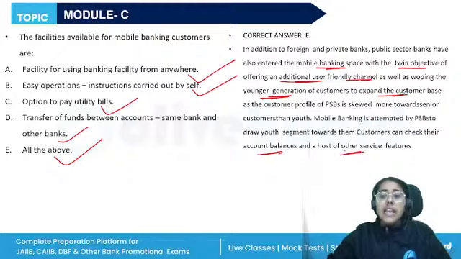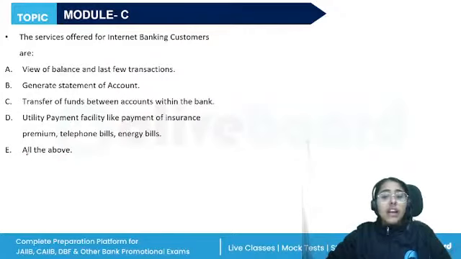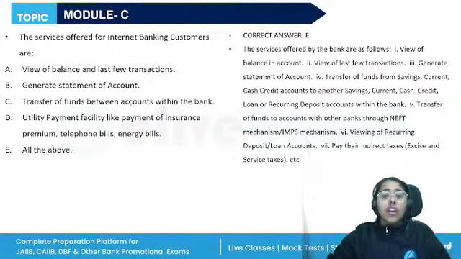So the customers can check their account balances, a host of other service features, and so on. Transfer of funds between accounts within the bank, utility payment facility like payment of insurance premium, telephone bills, energy bills, or all of the above. So for this question also, the correct answer is E, all of the above.